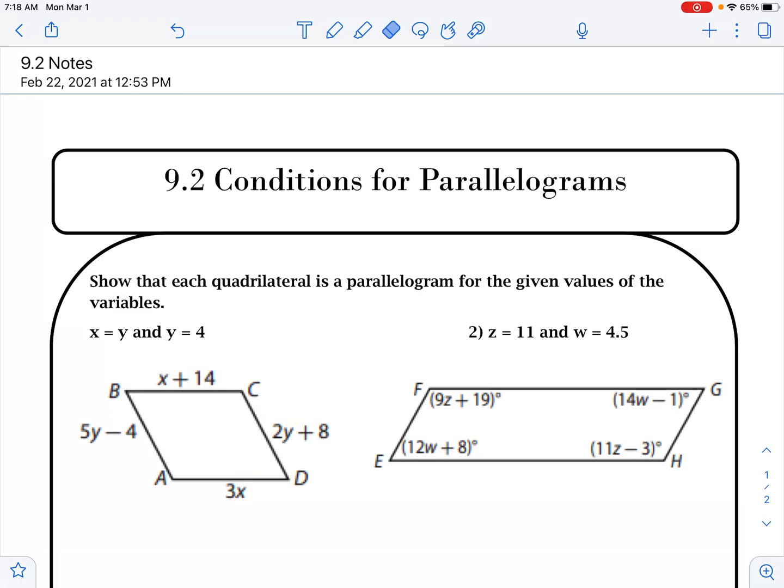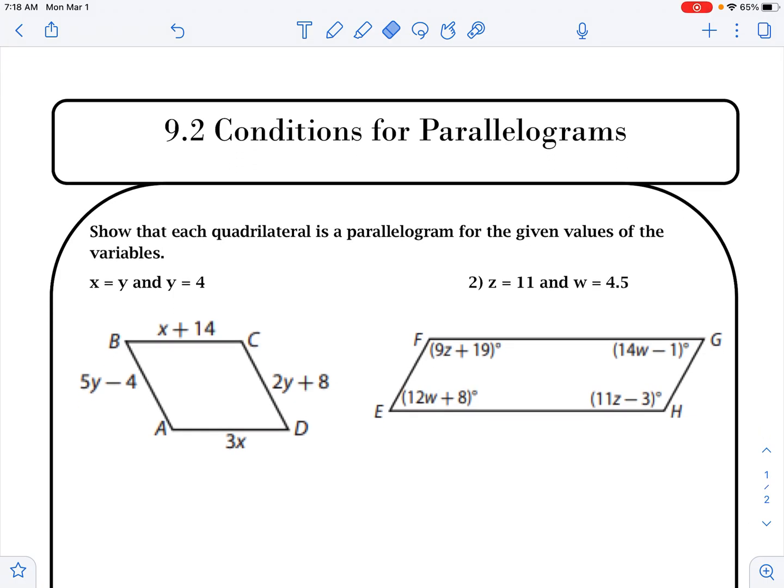So now we're going to go over 9.2. 9.2 is the converse of what we said yesterday, or I should say of lesson 9.1. So if we had a parallelogram, we had 4 properties that we were looking at. We said opposite angles are congruent. We had opposite sides.